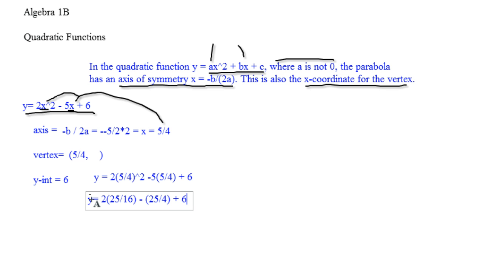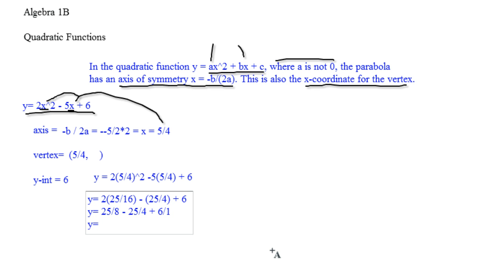Plus 6. Okay. Then this is going to become y equals, let me see. The 2 over 16 is going to reduce to 8, so that's going to be 25/8 minus 25/4 plus, and I'll just put this as 6 over 1, so that you can see we're going to have to get a common denominator.